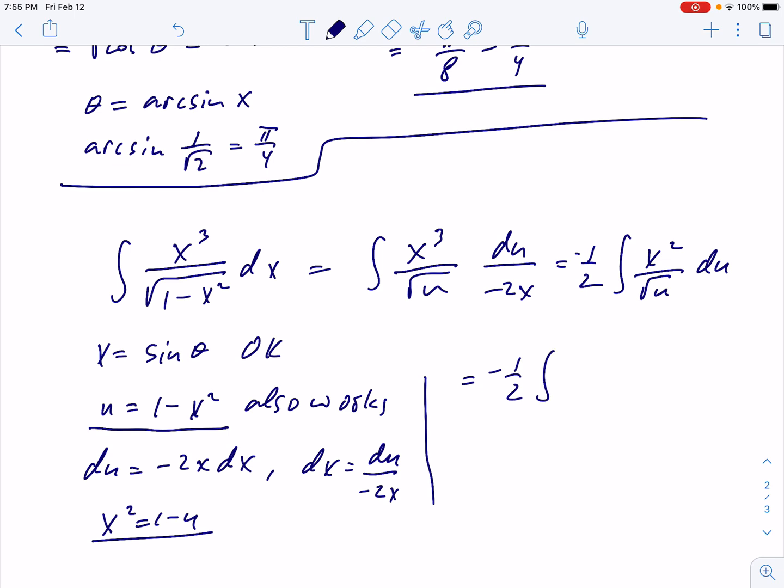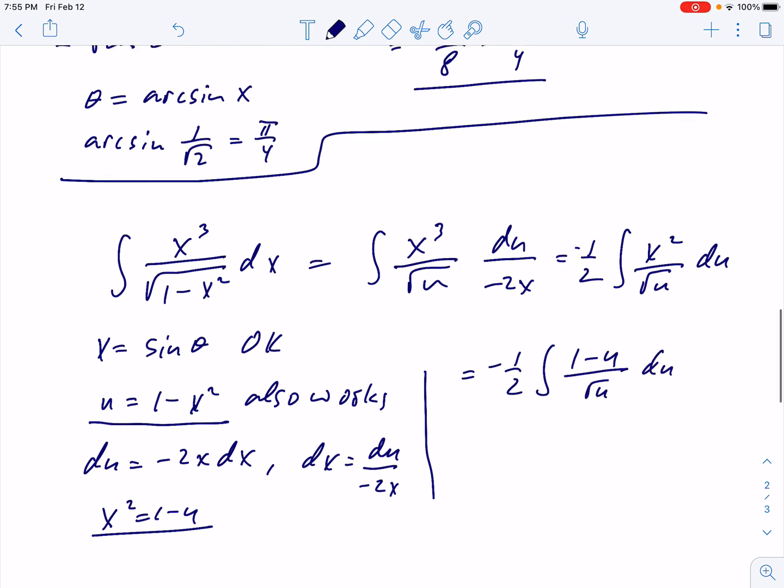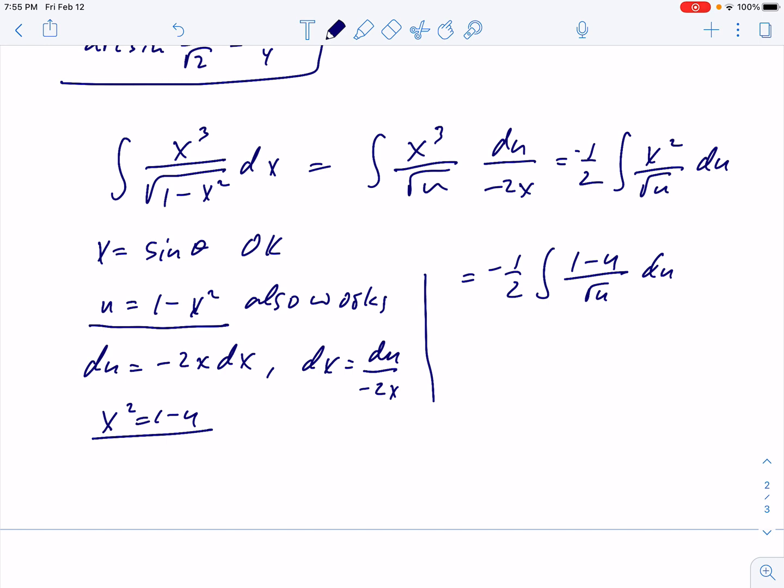We replace x squared by 1 minus u, and here we have root of u du. This integral is easy to solve. We shall need only the power rule, because we write it this way: negative 1/2, 1 over root of u minus u over root of u du.